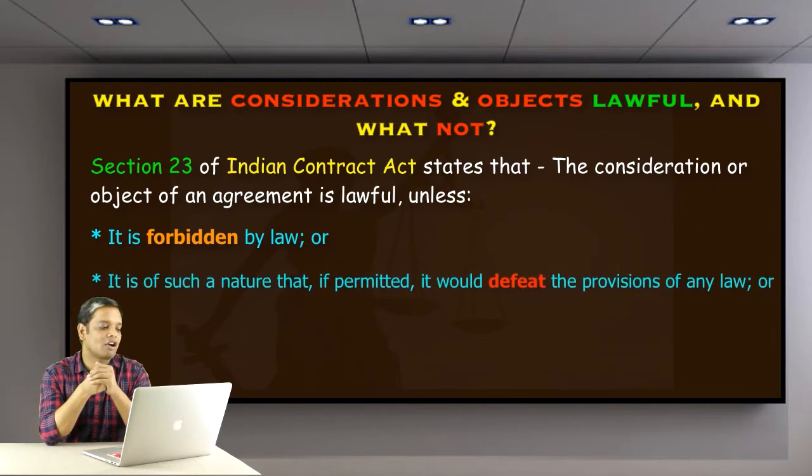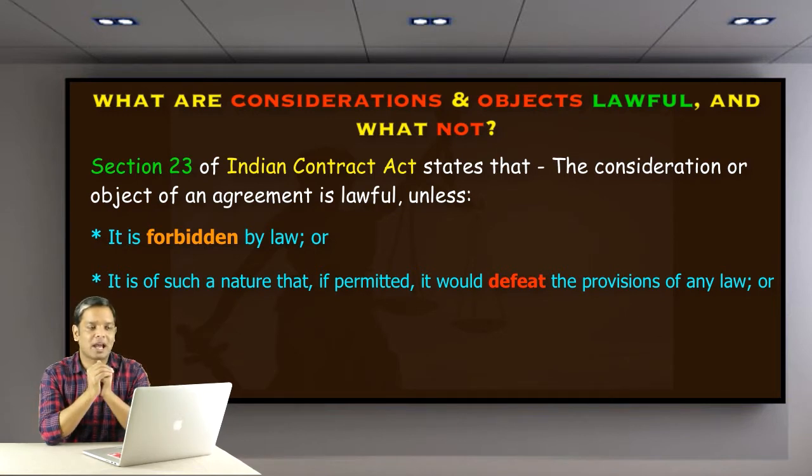It is unlawful if it is of such a nature that, if permitted, it would defeat the provision of any law. It means the item that you are going to trade is of such a nature that if it is allowed, it will defeat the nature of the law.